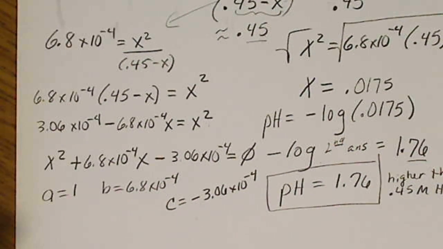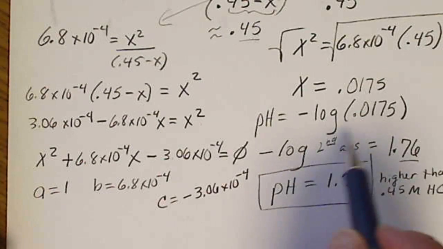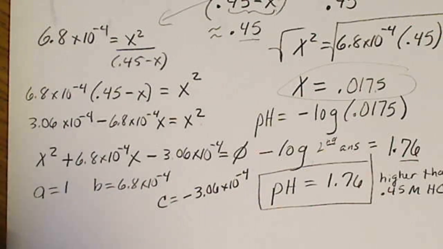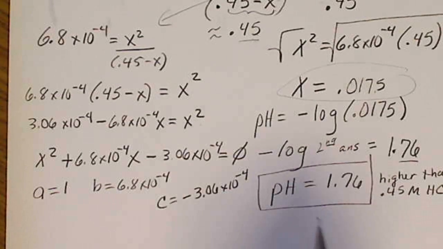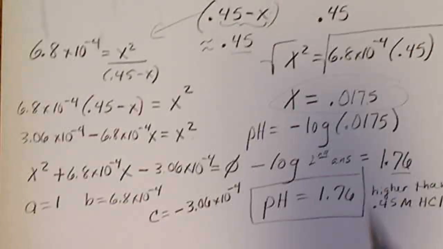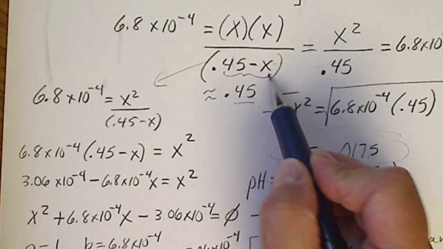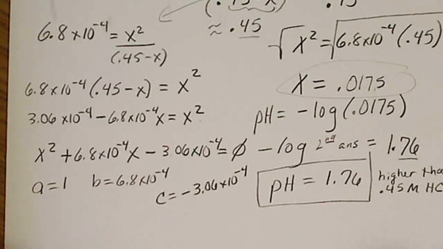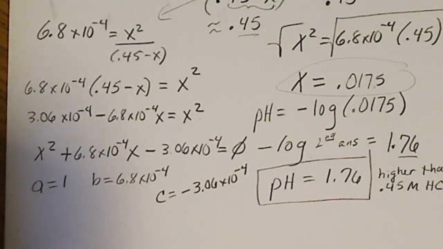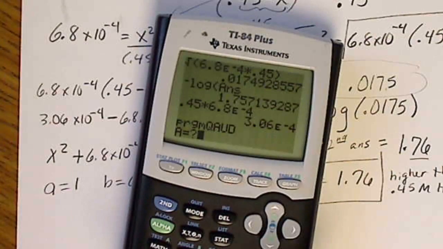So when I plug that into the quadratic to solve for x, I'm going to get a value relatively close to this. Now, the pH calculation might be off just a little bit because we made this assumption here, which makes the math easier. So we'll see how far off we are. So I program, execute the quadratic, and I've got that programmed in.